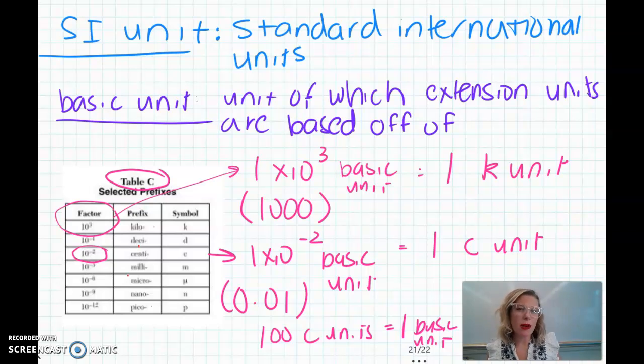Now, before we talk about converting between different basic and prefix units, or extension units, I do want to use an example just to go through what we are going to call dimensional analysis. That's a very scary sounding word, but it's not so scary, I promise. Here's a problem that will help us relate this back to something that we all enjoy, which is food.